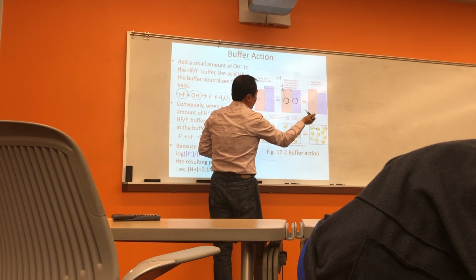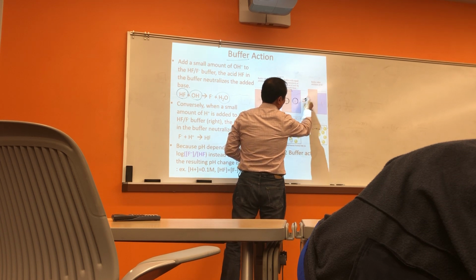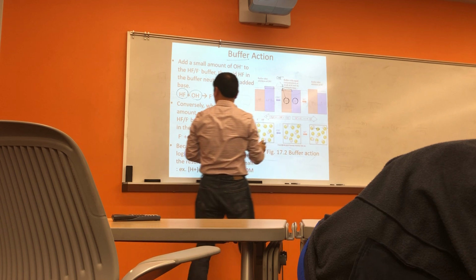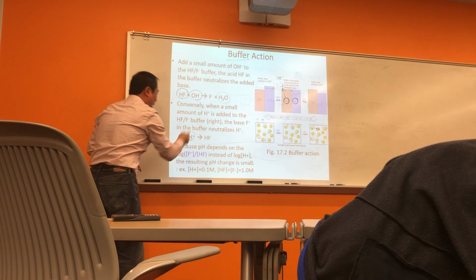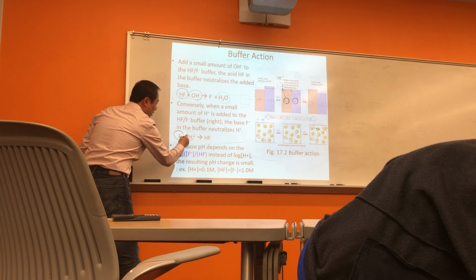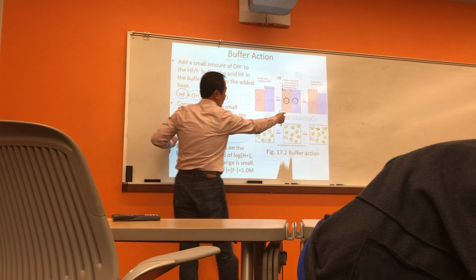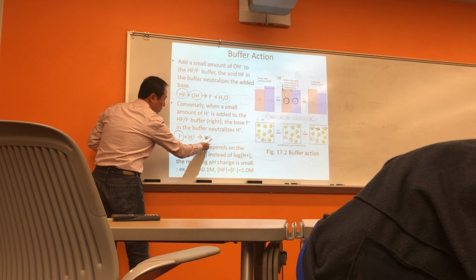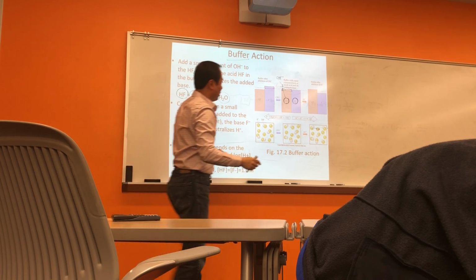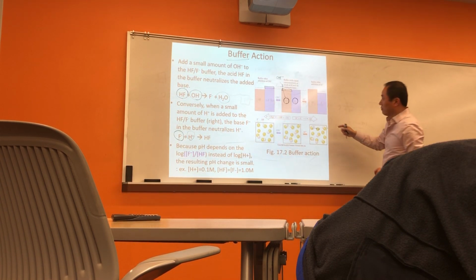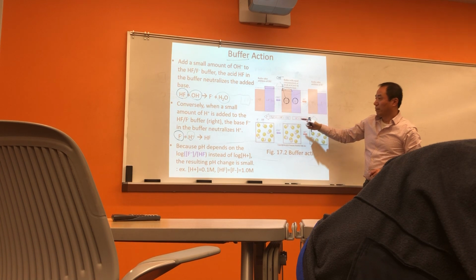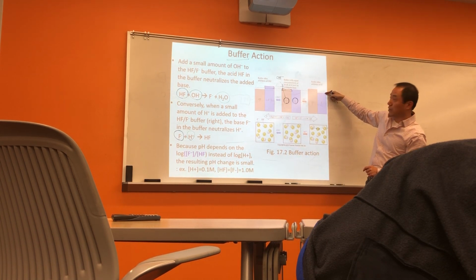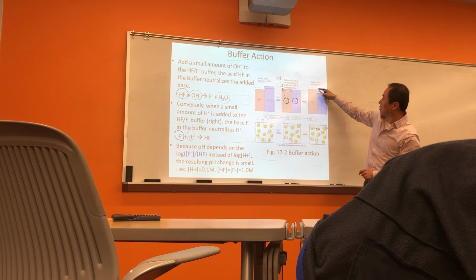Or say you accidentally got an injection of acid. This time, the incoming acid will be neutralized by the base portion of the buffer, and that combines to form acid. So this time the conjugate base is used, and your acid will increase.